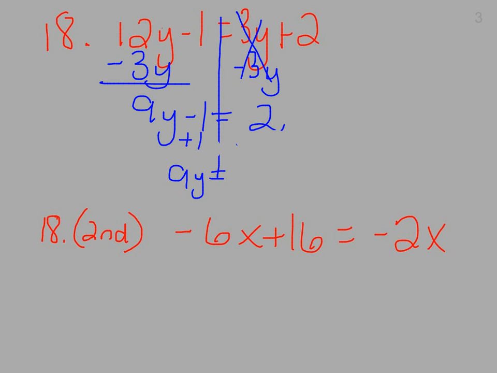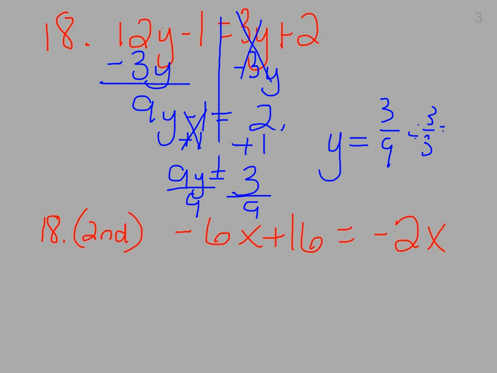Add 1 to both sides, that cancels that out. Add 1 here, and I get 9y equals 3. Now I would divide by 9 on both sides. And 3 divided by 9 is not 3, so what we would do is divide them both by 3 and get 1/3. So y equals 1/3.